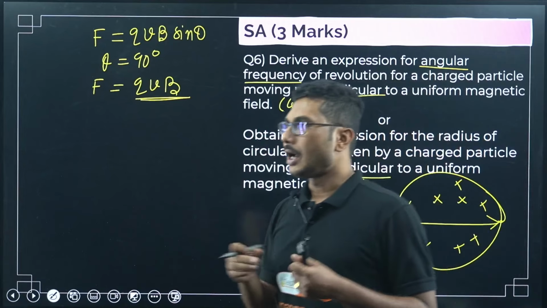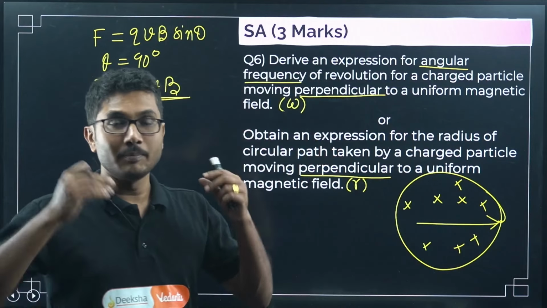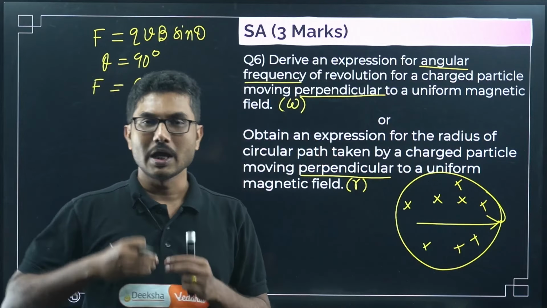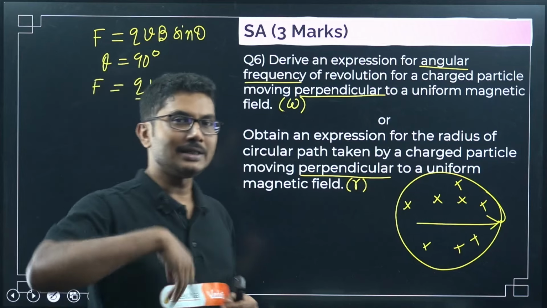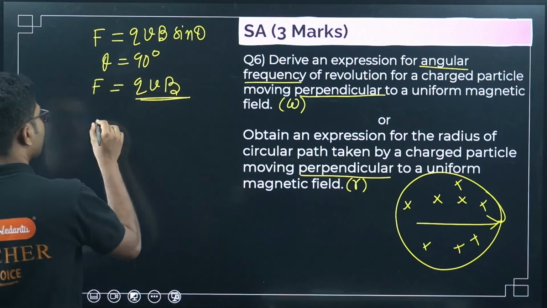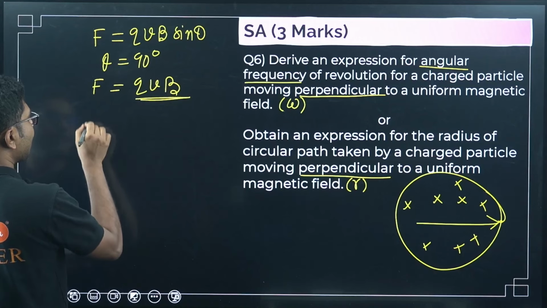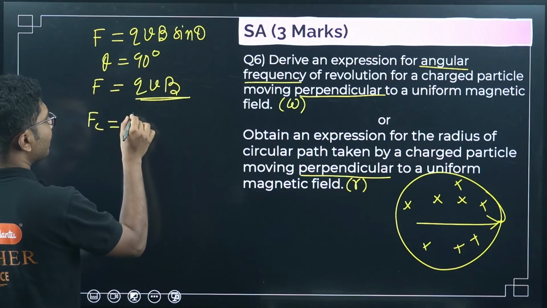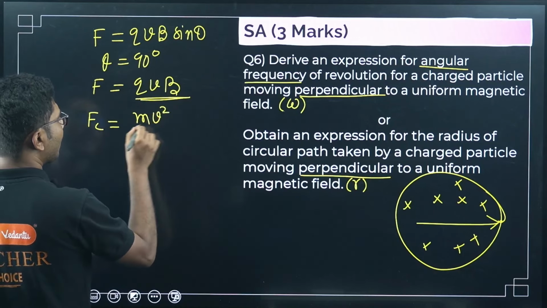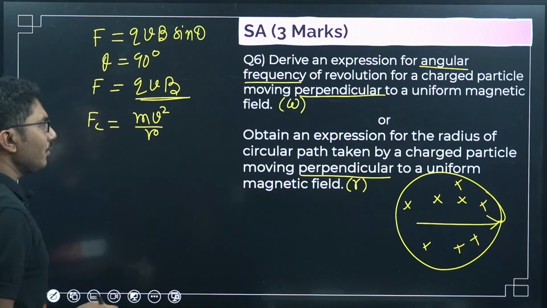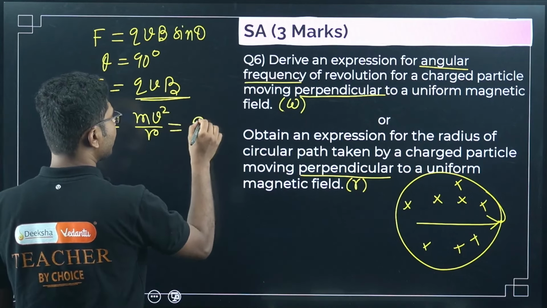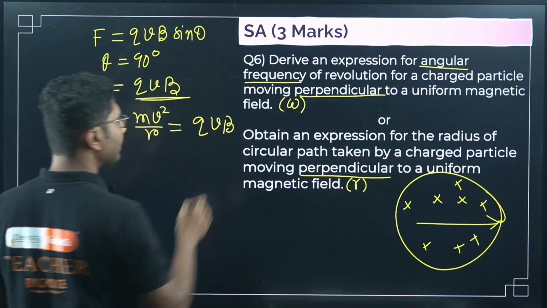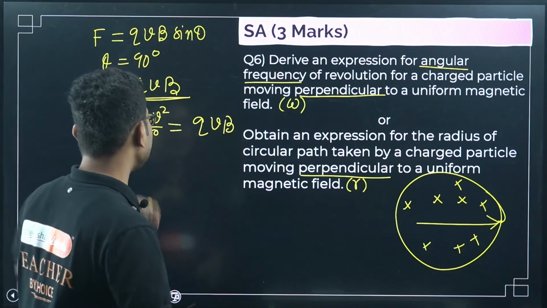What is the centripetal force? We know that centripetal force is mv square by r. That force should be equal to QVB. So basically QVB, the Lorentz force, is providing the centripetal force.